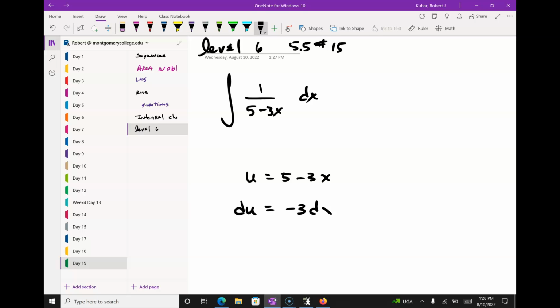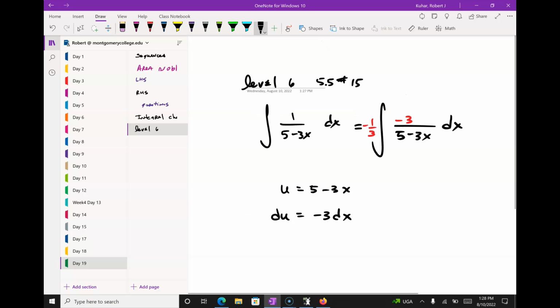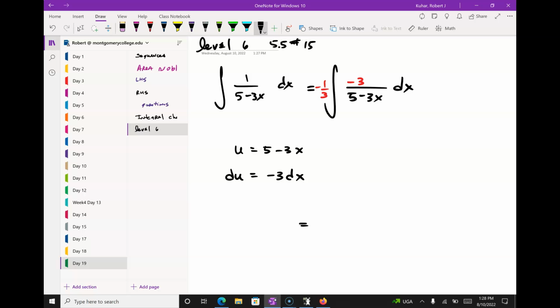Negative 3 dx, right? Yep. So I need a negative 3 upstairs, and I have to cancel it with a negative 1/3 outside. So I get minus 1/3 of the integral of 1 over u du. Make sure you see that negative 3 dx is du.